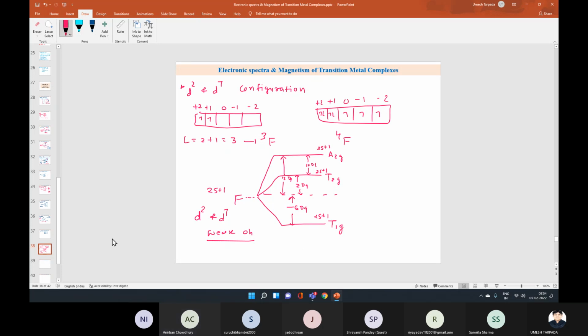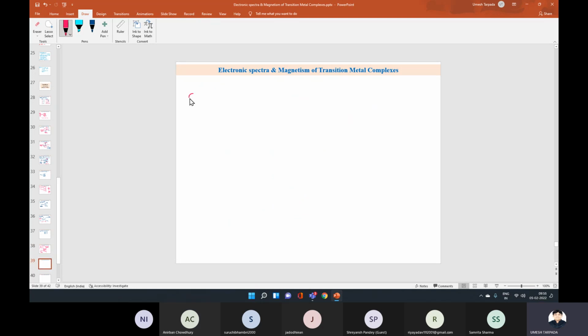Opposite. अपोजिट हो जाएगा, so see D2 and D7 tetrahedral weak field, you can have an opposite splitting. Here it's an A2 term, then below it, it's a T2 term, and here it is T1 term.